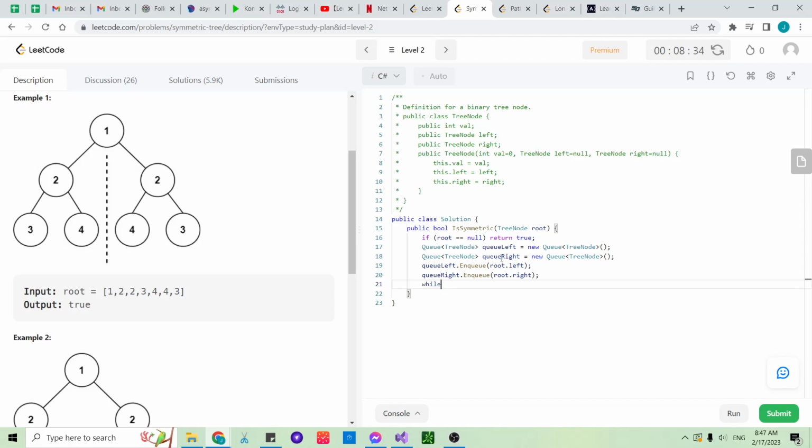Let's have this for now. Well, we still have the case when one of them is a null node, so we cannot do just dot val.